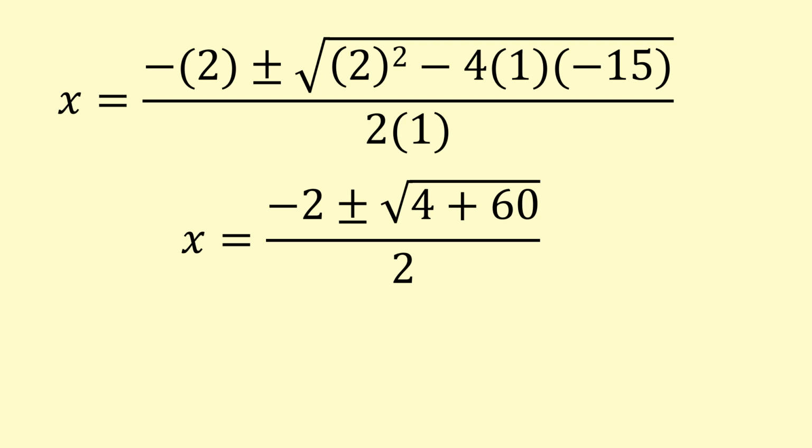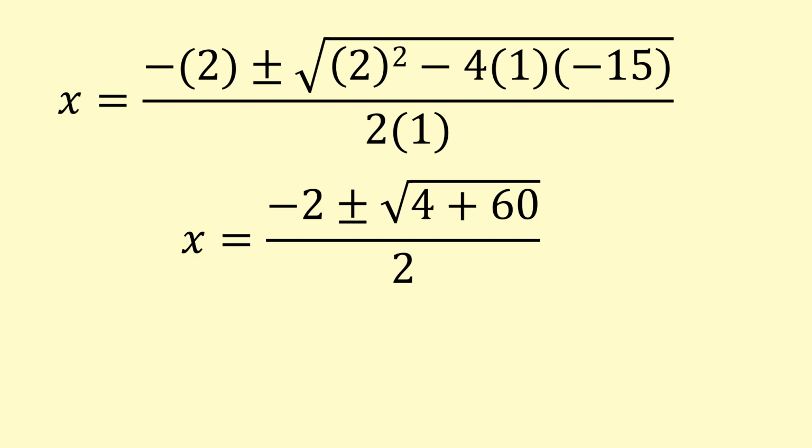So what we now have is minus 2 plus or minus the square root of 4 plus 60 all over 2. Take note of that plus or minus sign. That plus or minus sign is simply the sign to show that every square root has two possible numbers, a positive and negative. And we'll see that shortly.